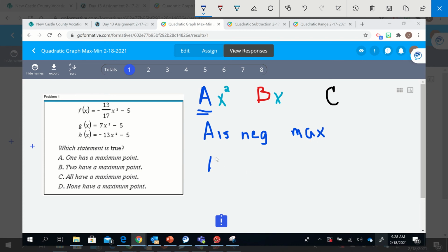If A is positive, then it has a minimum.